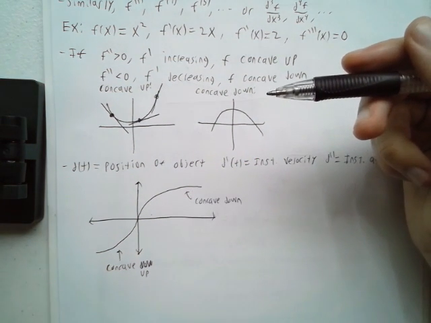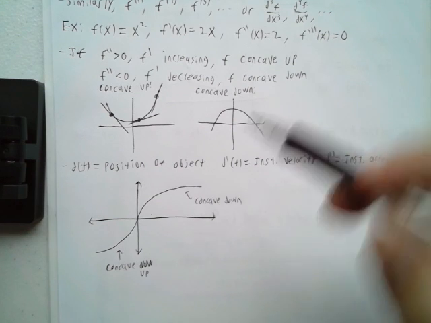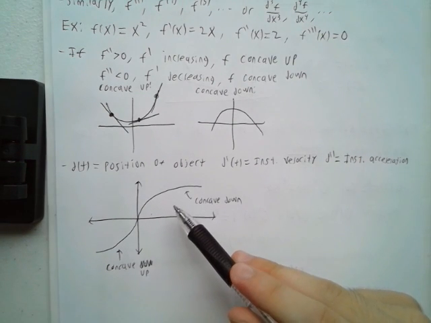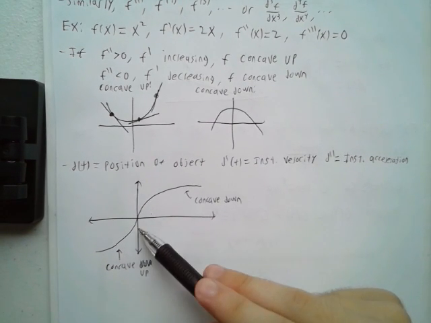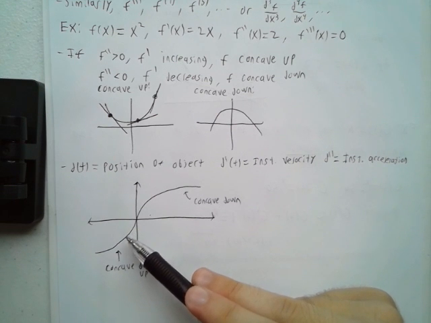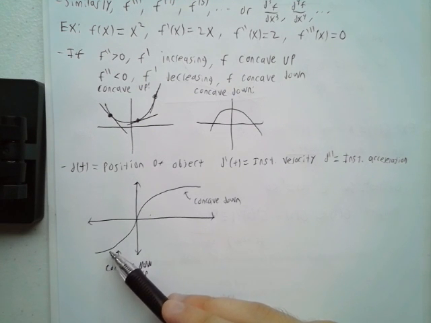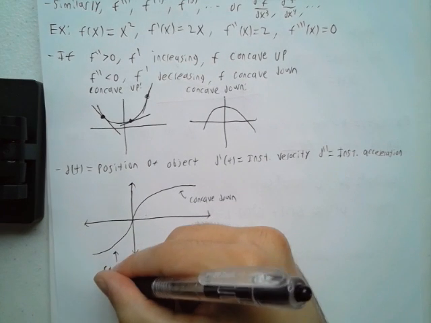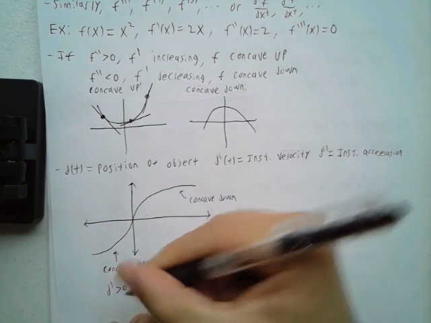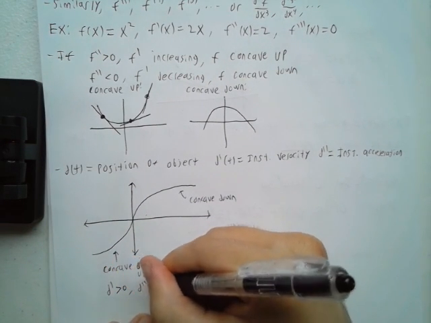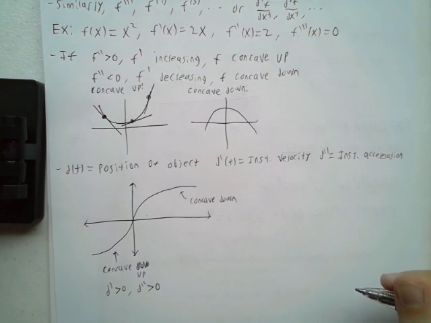So in this way, if we know information about the first and second derivatives, we can say something about how the graph looks. So for example, if we're told that to the left of 0, the function has a positive first derivative, and it has a positive second derivative, then we could guess that the function looks something like this.